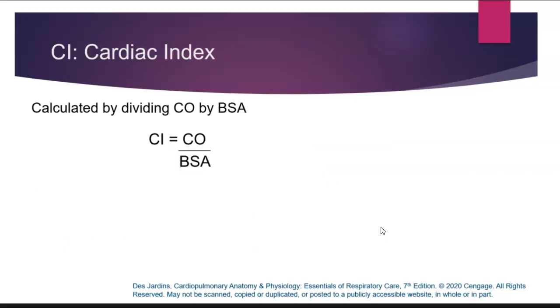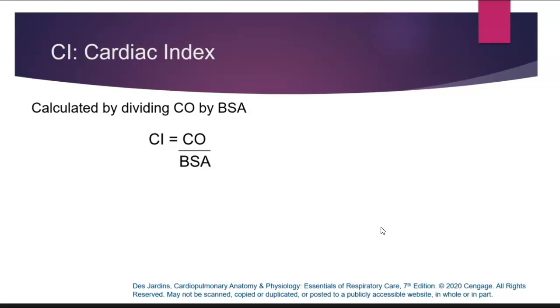Your cardiac index is the cardiac output divided by the body surface area as well. So again, we can't think about cardiac output as just a number value. If I have 4 liters of cardiac output, that seems pretty reasonable for somebody of my size, but that same 4 liters for Shaquille O'Neal would not be enough.